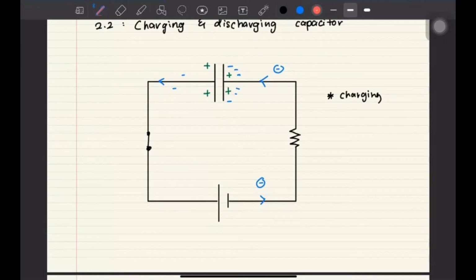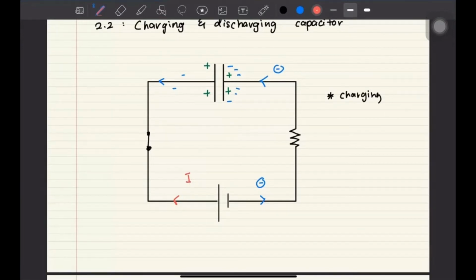if electrons travel in that direction, your current will travel in the opposite direction. Okay, meaning if electrons travel in this example anti-clockwise, then the current will travel clockwise. In fact, current will travel from positive terminal towards negative terminal.